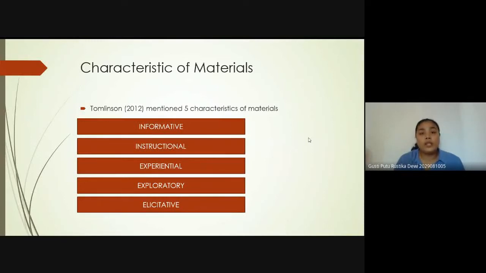It's experiential because it provides experience of the language used. Next, exploratory. It is because the teaching materials help the students to discover the language used in natural settings. And then the last one is elicitative, in which the teaching materials stimulate the language use.